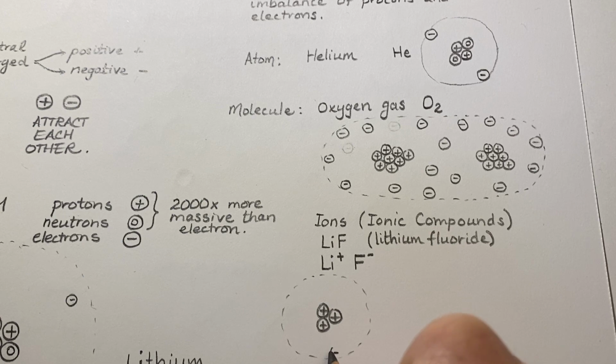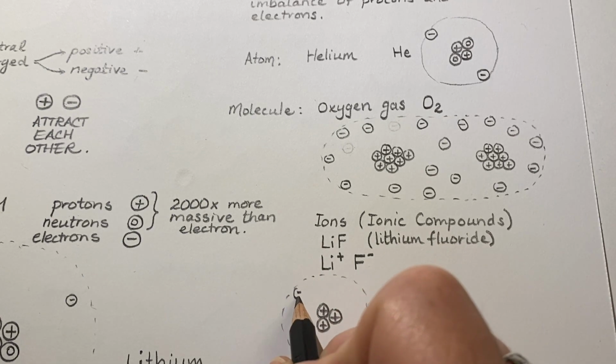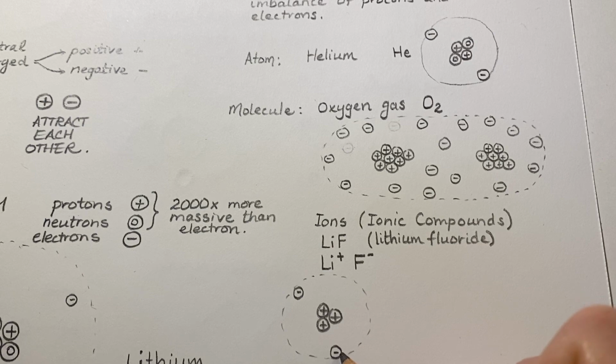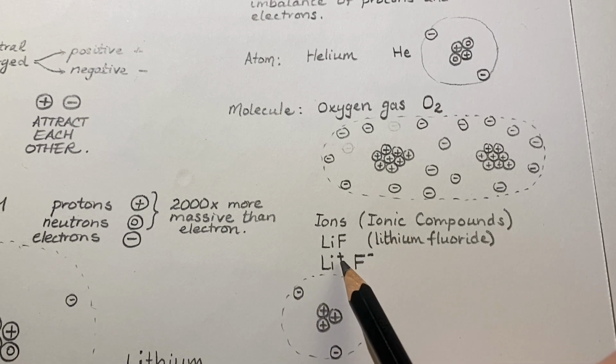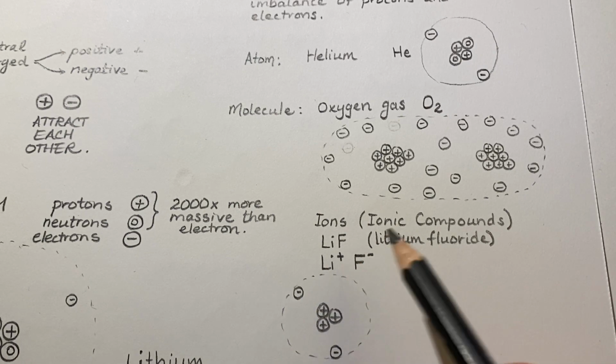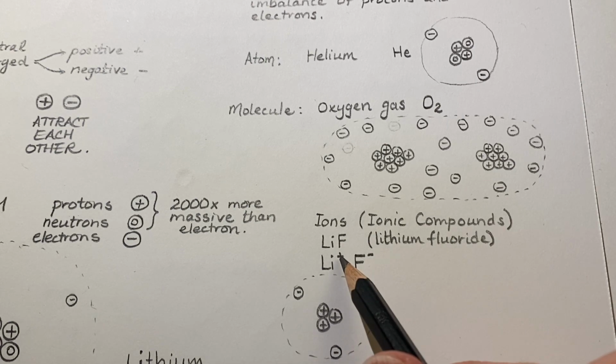So if we just have now two electrons and 3 protons, if we think of one of these negative charges canceling out one positive charge, this other negative charge from the electron canceling out this positive charge, that leaves behind a positive charge. So this is an ion of lithium that's positively charged. Leftover positive charge.